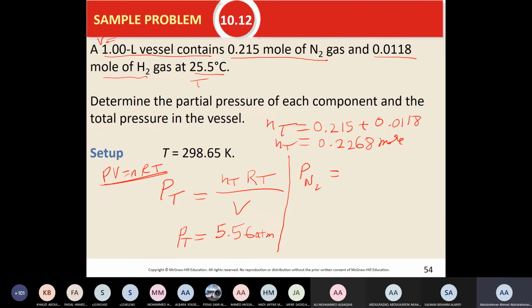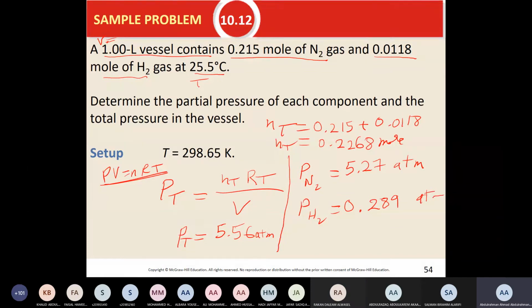What's the pressure of nitrogen only? Calculate it, give me an answer quickly. 5.27 atmosphere. What's the pressure of hydrogen only? Do it quickly. 0.29 atmosphere.